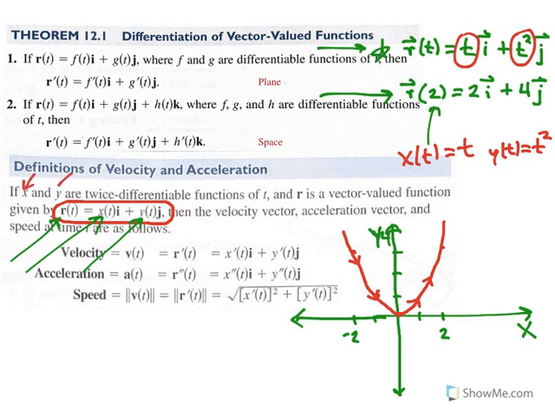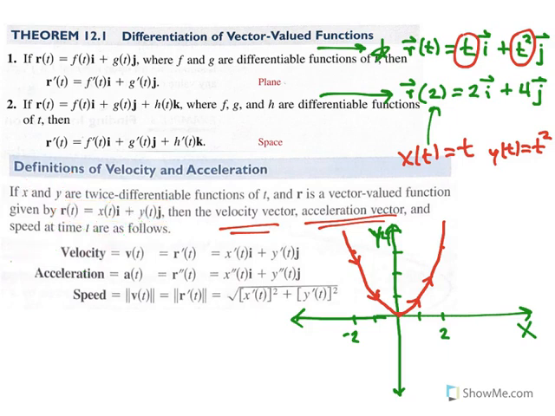So that's what x and y are. If x and y are twice differentiable functions of t, and r is a vector-valued function given by r of t equal to x of t i plus y of t j, then the velocity vector, the acceleration vector, and speed at time t are as follows.